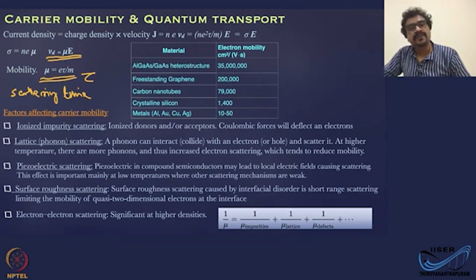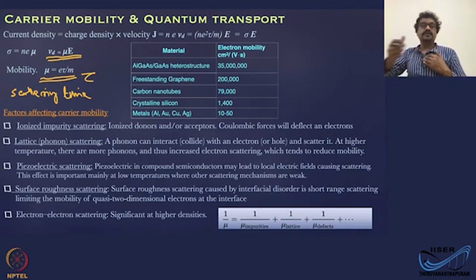Now, the terminal velocity that the charge carriers acquire depends upon how long they get accelerated under the action of an electric field. That is the scattering time, because the moment it undergoes a scattering, that acceleration stops and the momentum and the velocity resets.